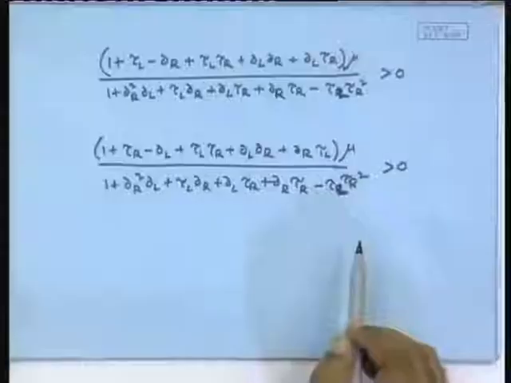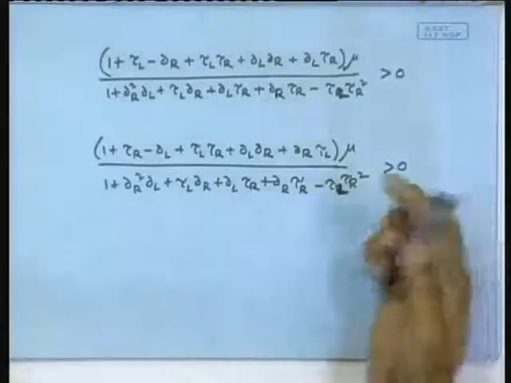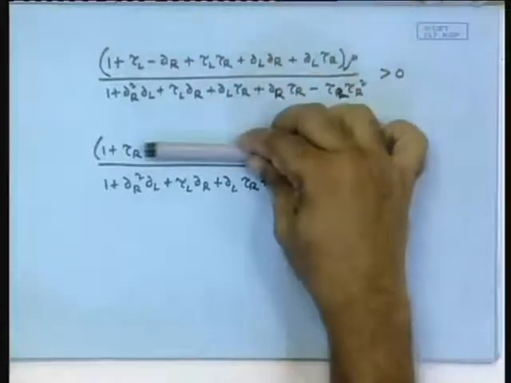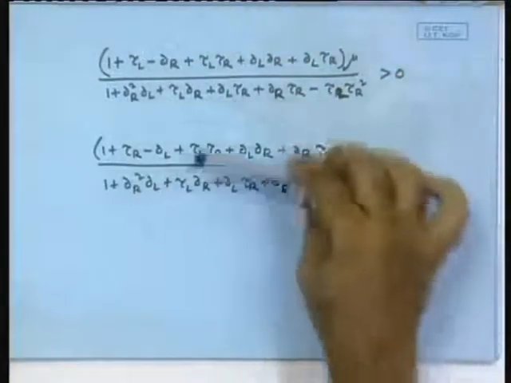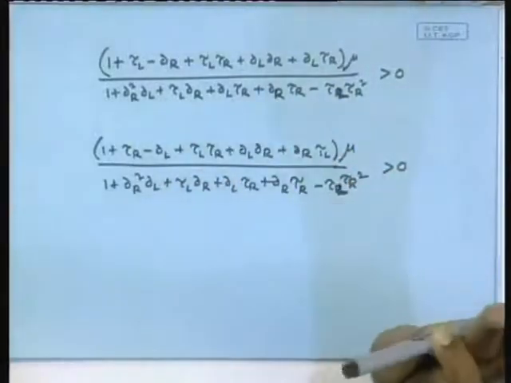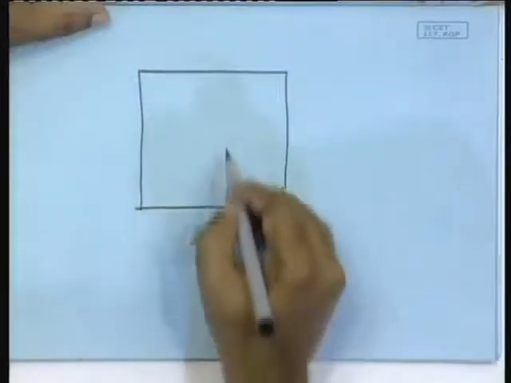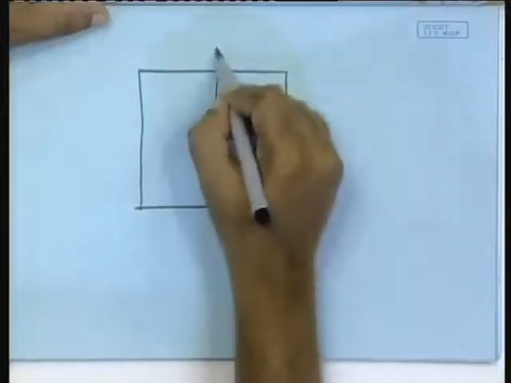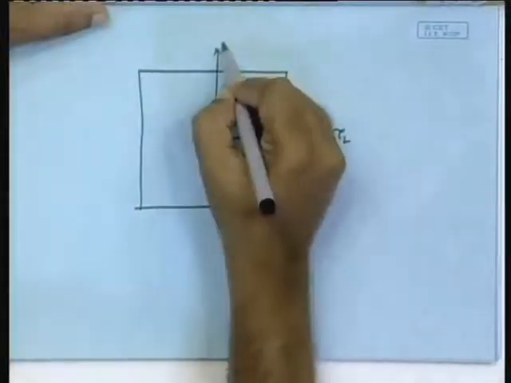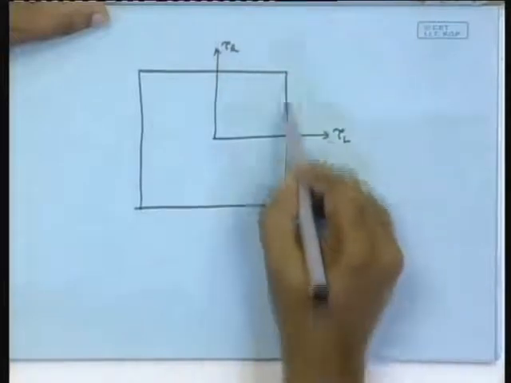So, you have seen that these two conditions will actually give 3 conditions, because the numerator here and the two denominators are the same. These two individually are the conditions. If you plot them, say I am plotting in that middle part, this is tau L. So, what is this?